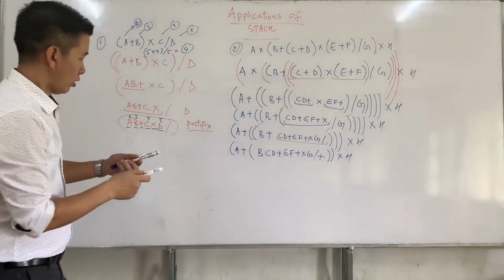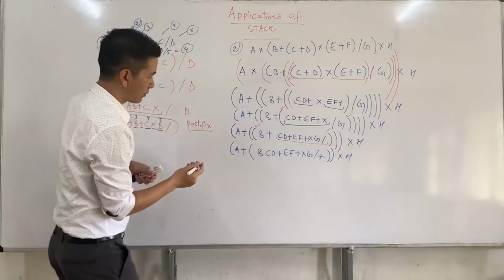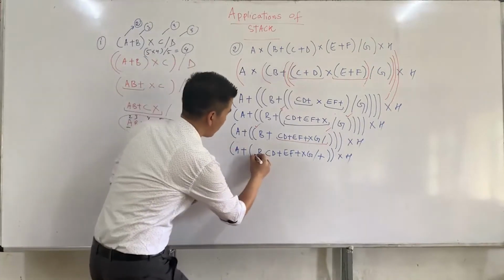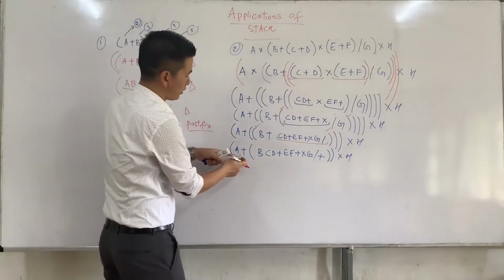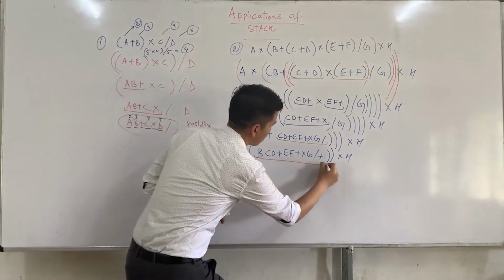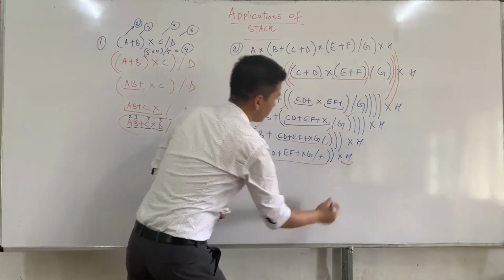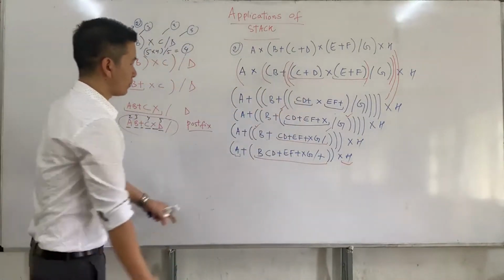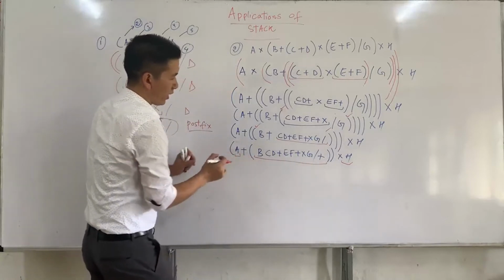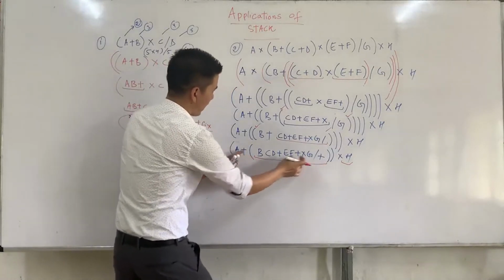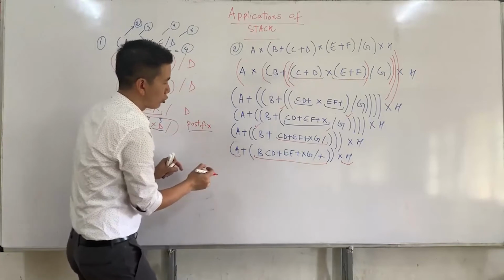Now after this, this is the first operand. I'm left with only 3 operands. This is the first, this is the second, and then this is the third. So this as a whole should be added to A. So how do you do it?